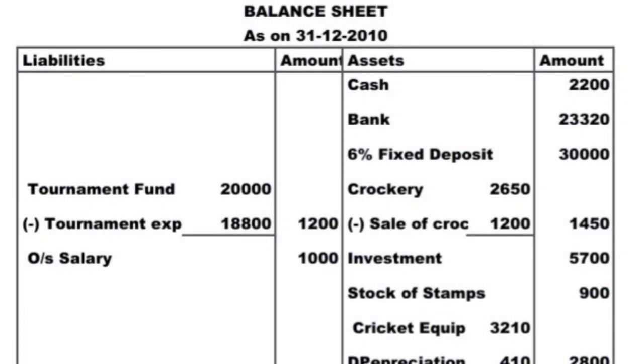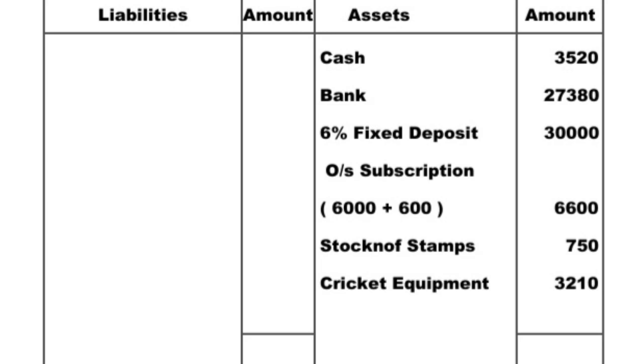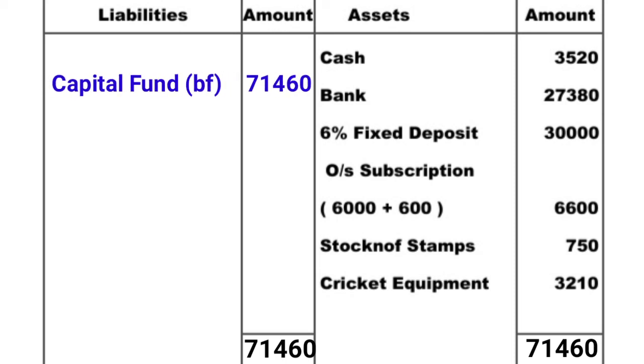In the current year balance sheet we will write capital fund. This we will find out. Then below add surplus rupees 1,610. Then we can total the previous year balance sheet. Total asset side is 71,460. The balancing figure is the capital fund, rupees 71,460.